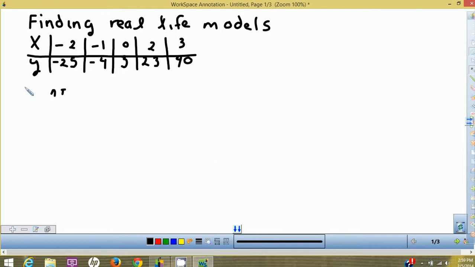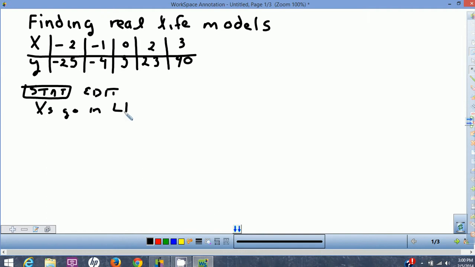So I'm going to go to Stat, press that button on my calculator, and in Stat I'm going to choose Edit. Now remember that once you've chosen Edit, your x values go in L1. Your y's go in L2. If it's real life data, they're probably not going to say, this is your x value, this is your y value.